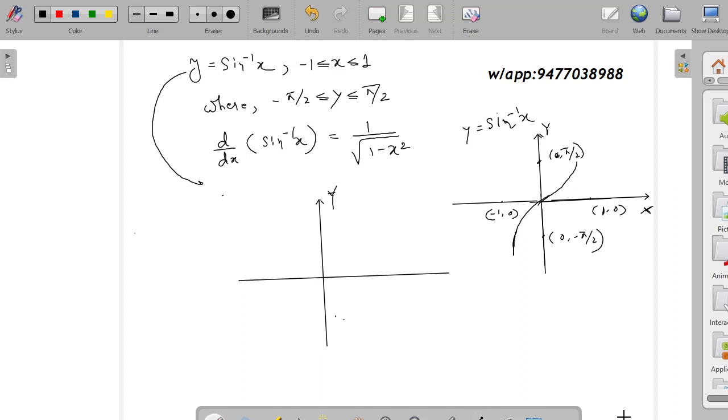This is our x-axis. Okay, so at this point we mark it as π/2, and this point is -π/2. This is a graph of cos y.